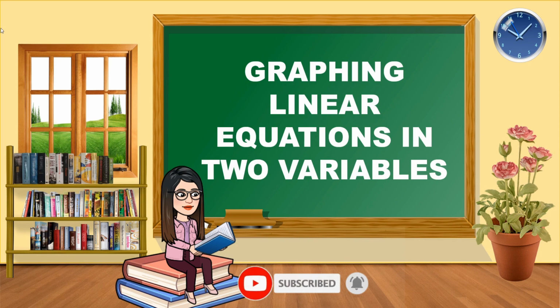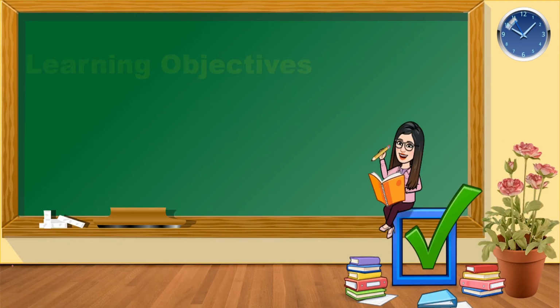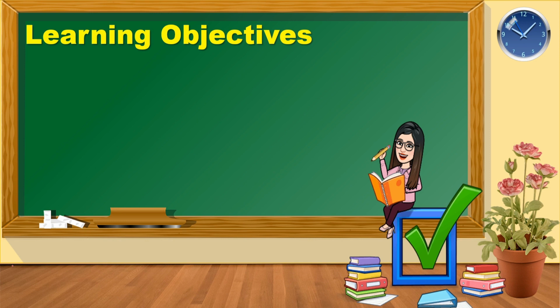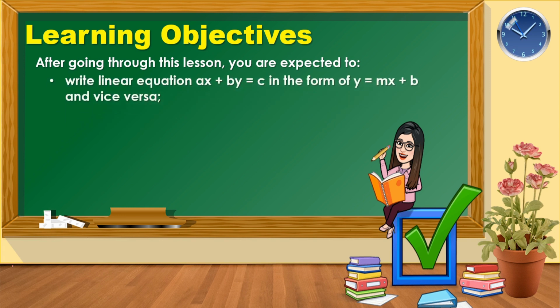And our lesson for today is about graphing linear equations in two variables. Before that, let's first go through our learning objectives. After going through this lesson, you are expected to write linear equation ax plus by is equal to c in the form of y is equal to mx plus b and vice versa.